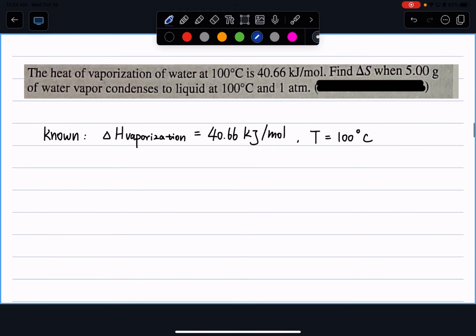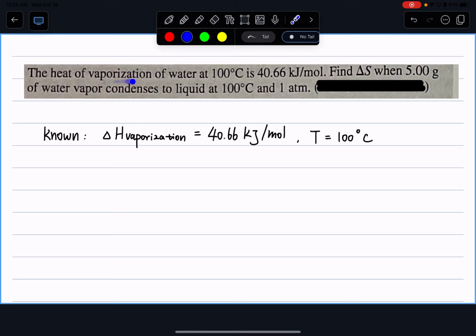Let's do the example here. We're saying the heat of vaporization of water at 100 degrees Celsius is 40.66 kilojoules per mole. Now the question asks you to find the delta S, or the change of entropy, when 5 grams of water vapor condenses to liquid at 100 degrees and 1 atm.